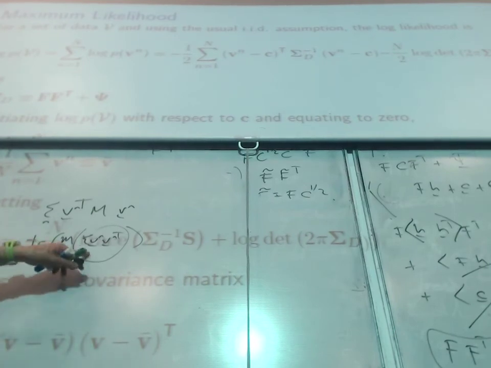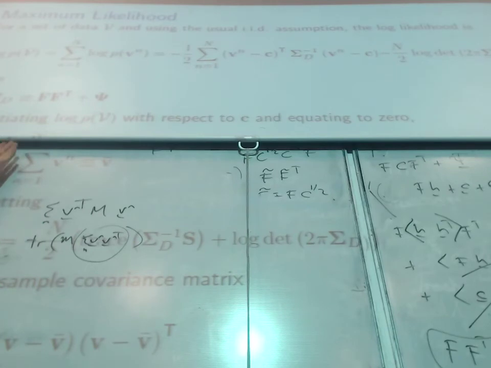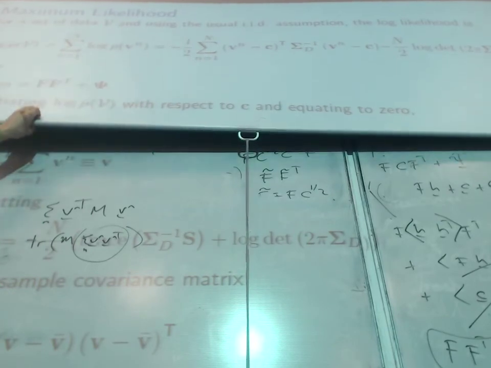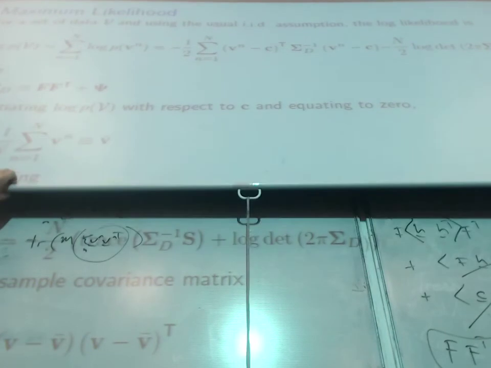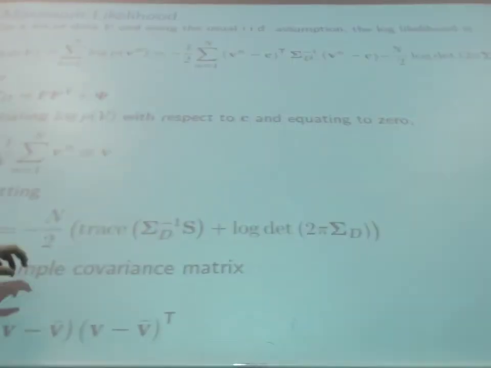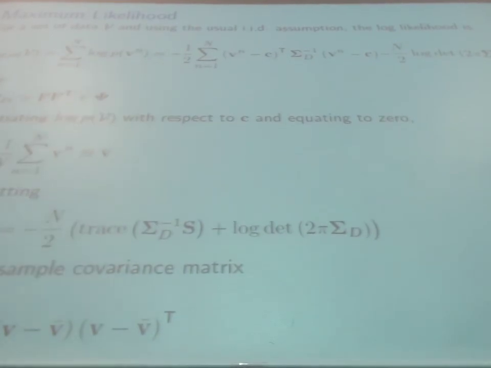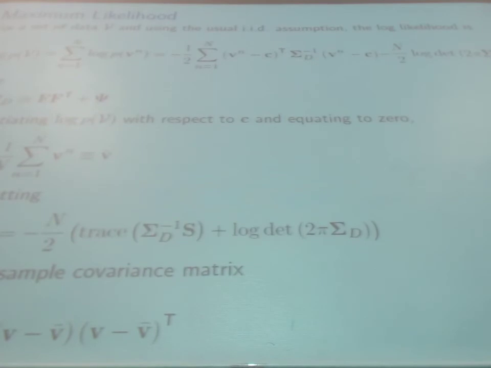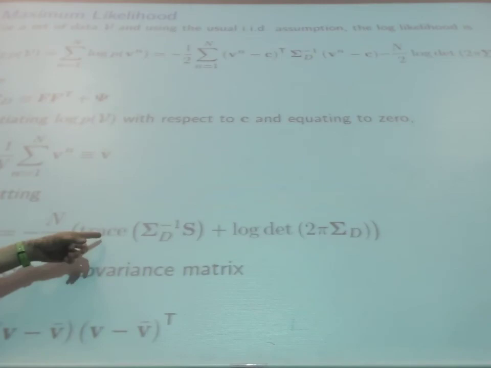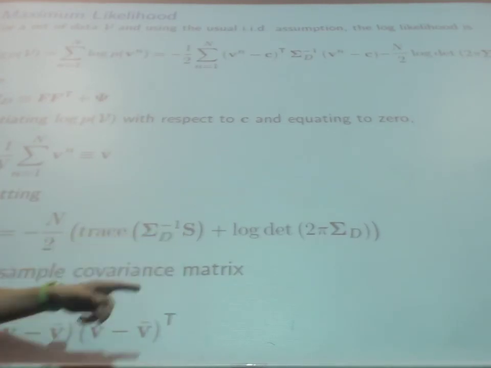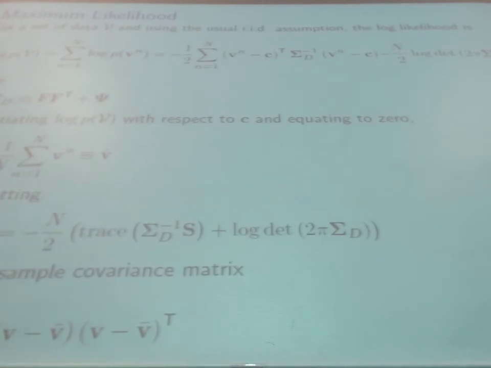It's essentially the covariance matrix of the data, the empirical covariance. So that's why it's very useful to know this algebraic trick. Without it, this problem is very complicated. So I write that inner product as a trace of an outer product term. I can then bring the sum over the data points inside to get the trace of sigma d inverse times the empirical covariance matrix, scaled with the number of data points.